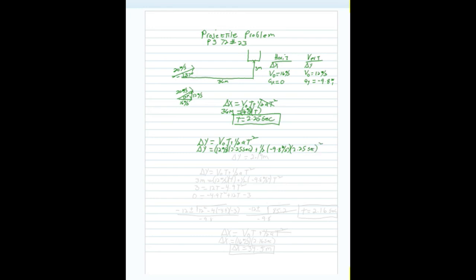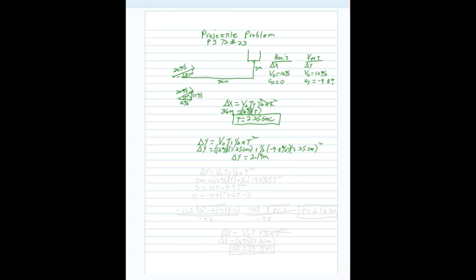So we'll have to plug all this in. 12 times 2.25 is 27, minus 4.9 times 2.25 squared. I'm getting a height of 2.19 meters. I'm going to check it. 12 times 2.25 minus 4.9 times 2.25 squared.